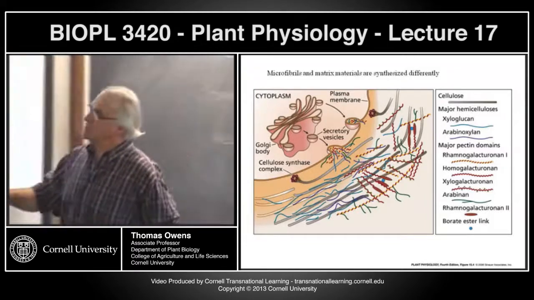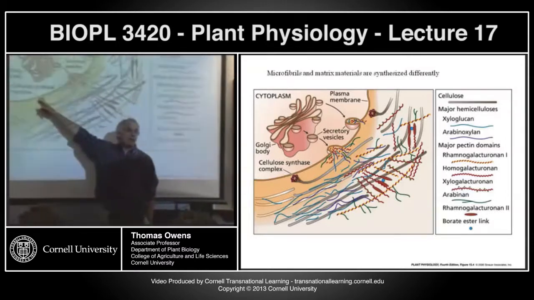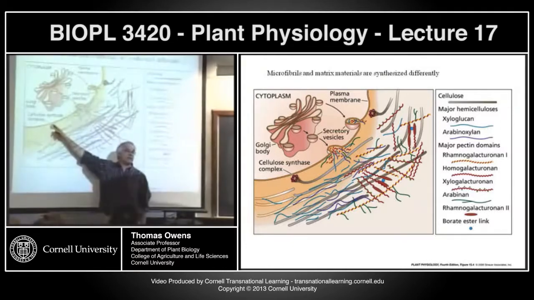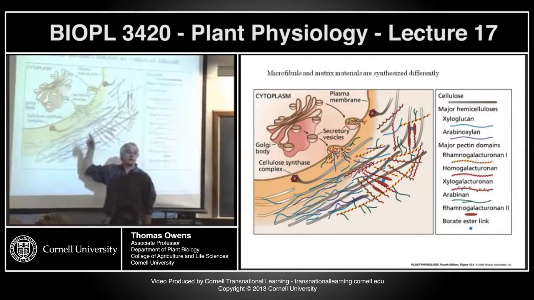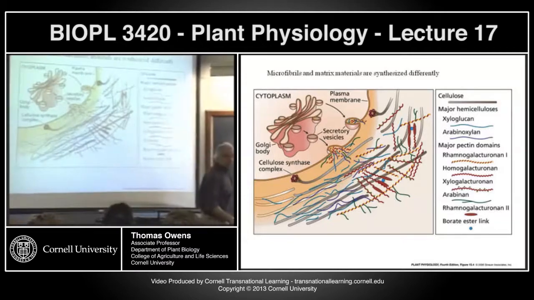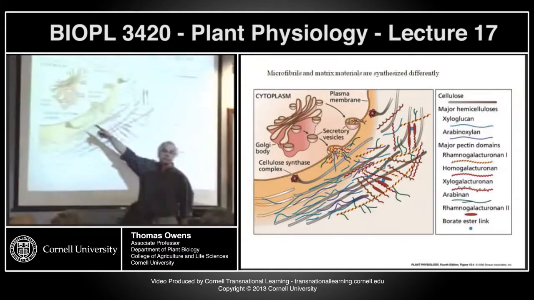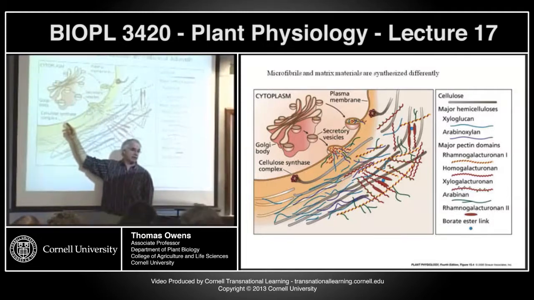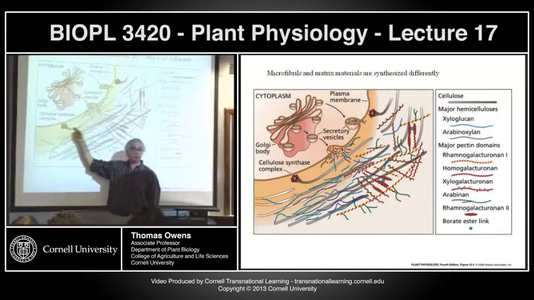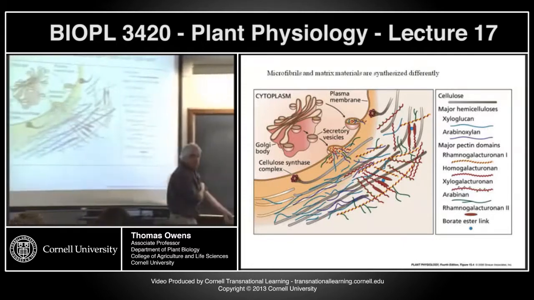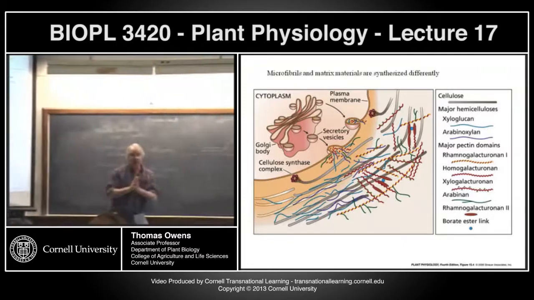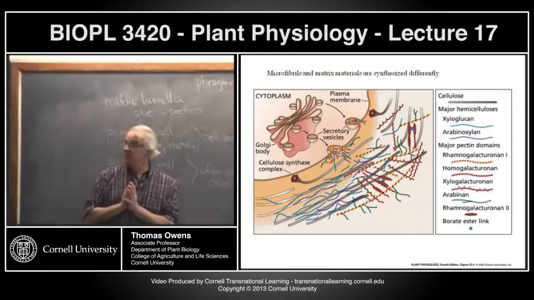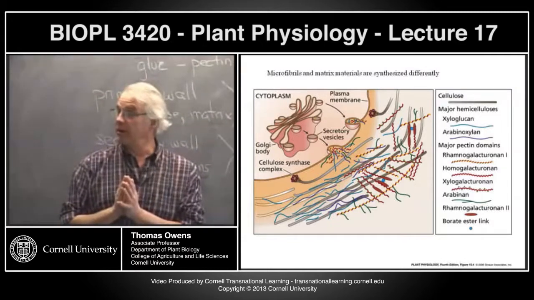The way they're synthesized is that there is a complex in the plasma membrane that is synthesizing them and extruding the cellulose microfibrils outside the cell. So the cellulose does not exist in the cytoplasm. It's made in complexes that are embedded in the plasma membrane, and as they're made, they're extruded outside the cell. So the microfibrils have one mechanism by which they're produced, by these cellulose synthase complexes that are present in the plasma membrane.